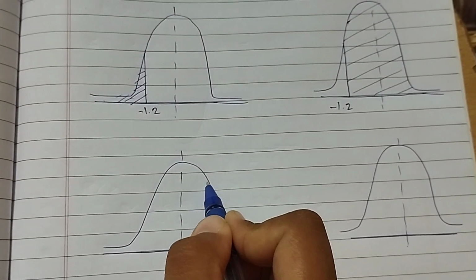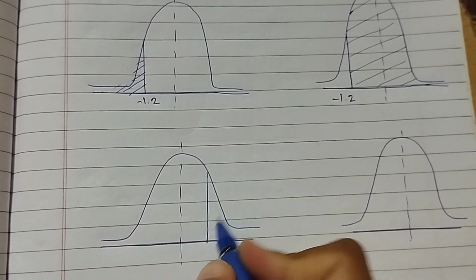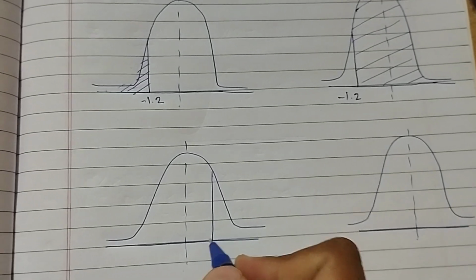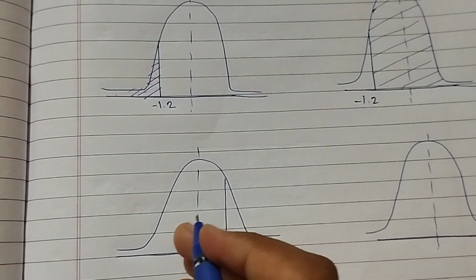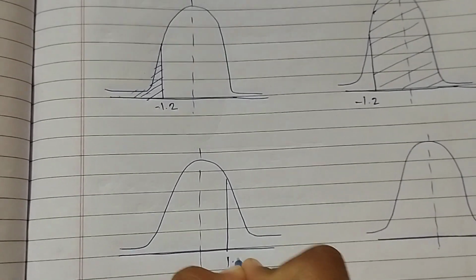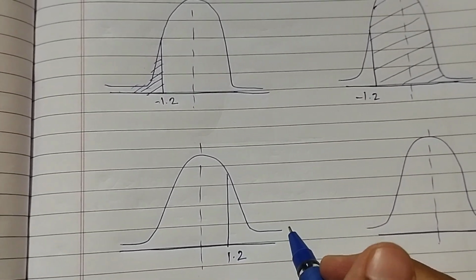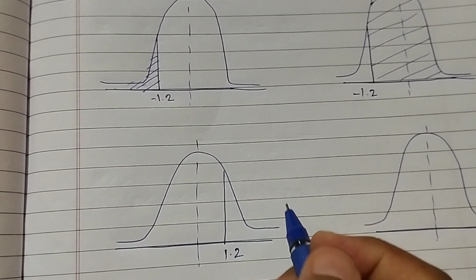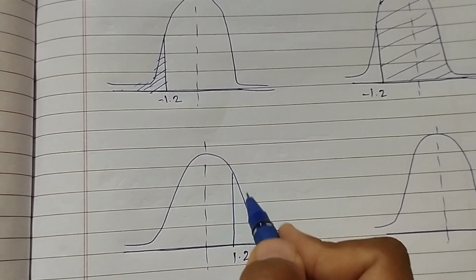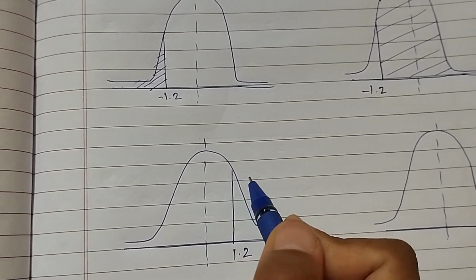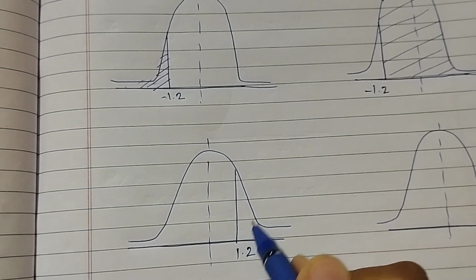Now again, let's suppose the value of z comes positive and we want to find out the area which is below the plus 1.2. For our understanding, we assume the value of z is 1.2 and we want to find out the area which is below the 1.2.